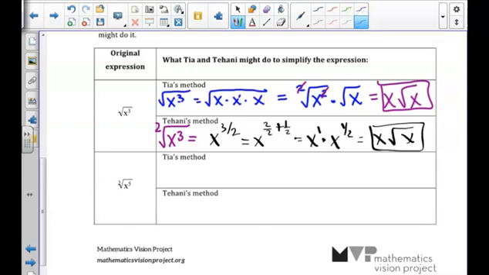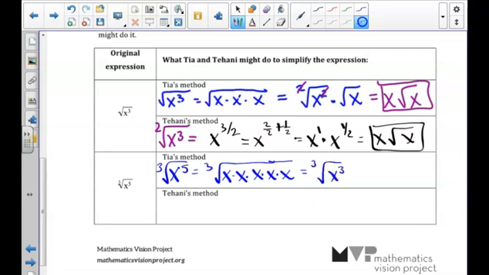The next one is the cube root of x to the 5th. So let's simplify that using radicals. So that would be the cube root of x written 5 times, and then since our index is 3, it is a cube root, we can rewrite this as the cube root of x cubed, because we have 3 x's here, times the cube root of x squared.